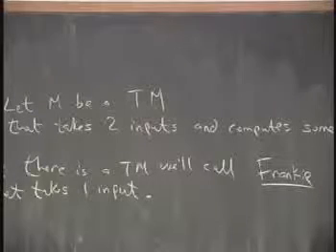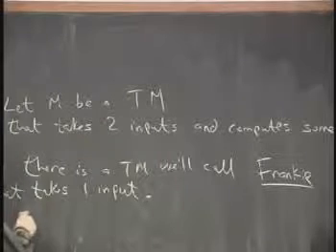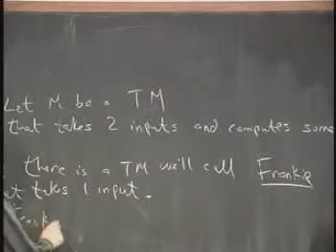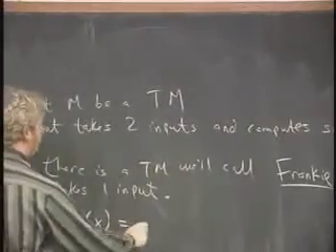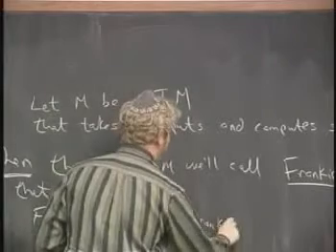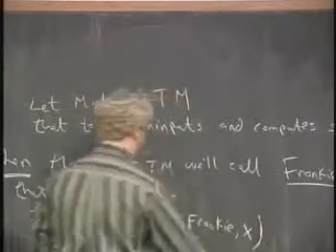Okay, and here's what Frankie does. Frankie of x equals M of Frankie comma x.